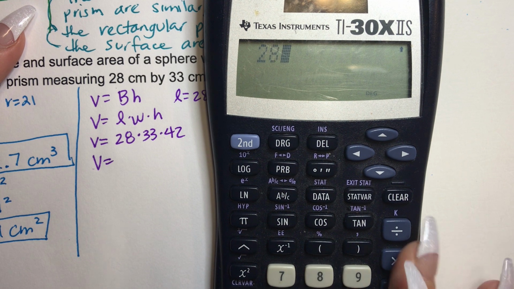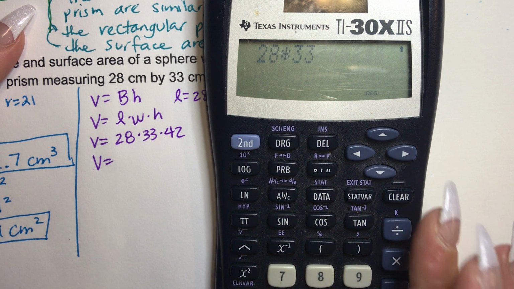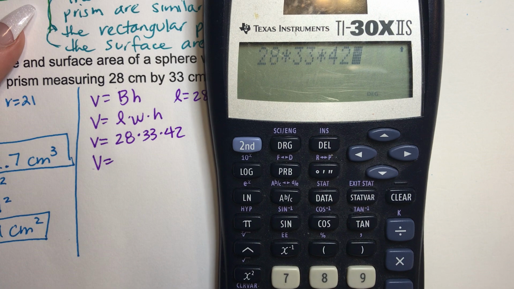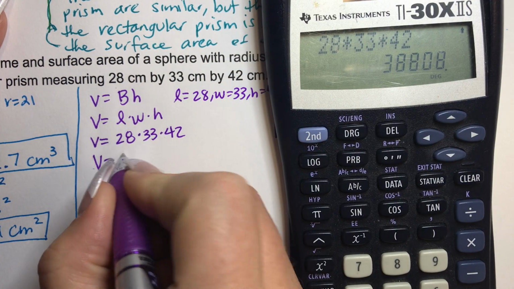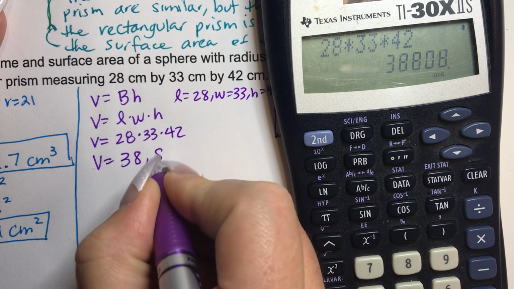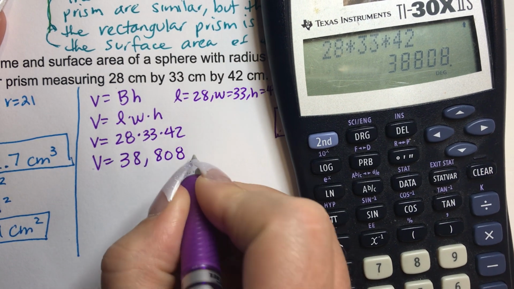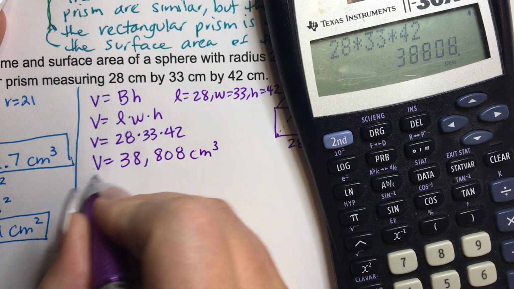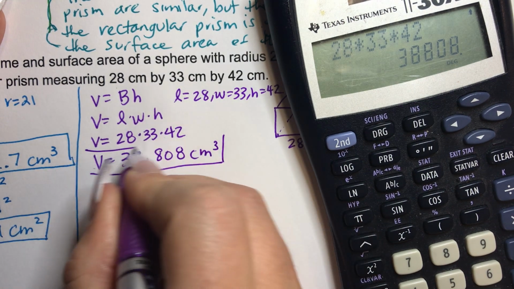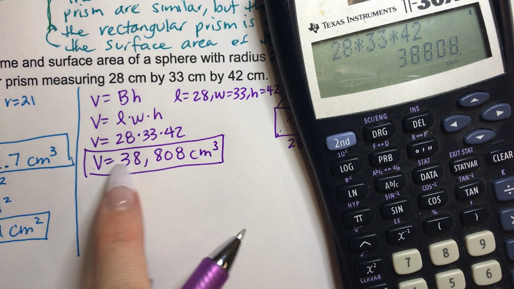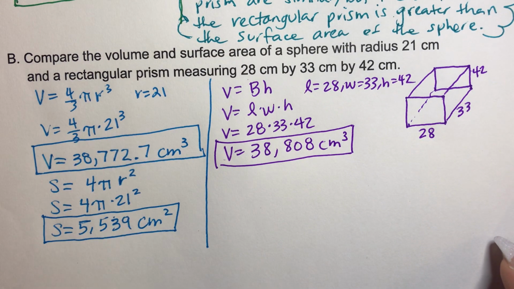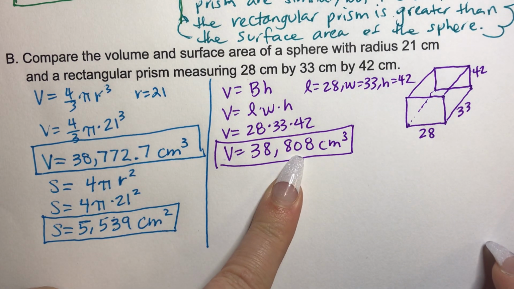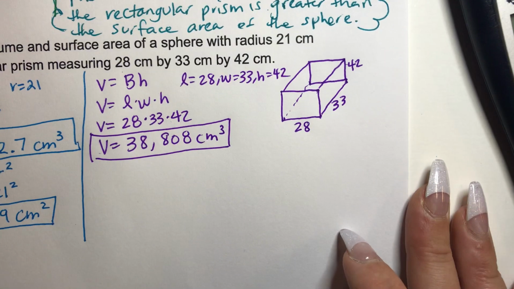So 28 times 33 times 42 is 38,808 centimeters cubed. And again, if we compare, those are very, very similar volumes between the sphere and the rectangular prism. But let's go ahead and look at the surface area.